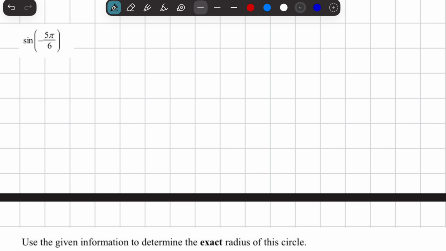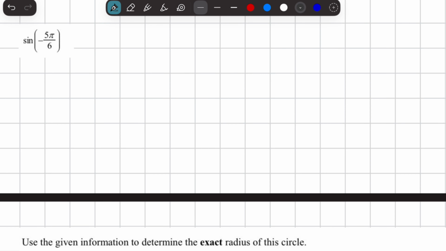We know that it is less than negative 90 degrees and more than negative 180 degrees, because 5 pi over 6 is greater than pi over 2 but less than pi. That means we are going to be in quadrant 3, because if we're going in the negative direction, this is negative 90, this is negative 180. If it's greater than negative 180 but less than negative 90, then we know it's in this quadrant. So you just have to make sure you're looking out for what quadrant you're in here.